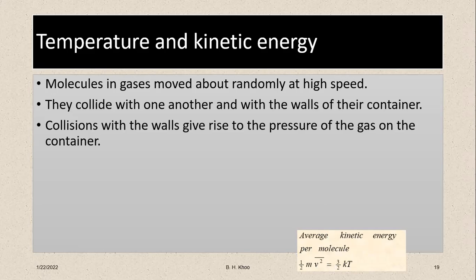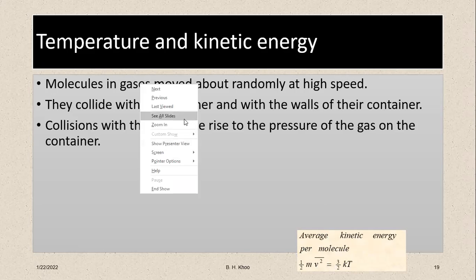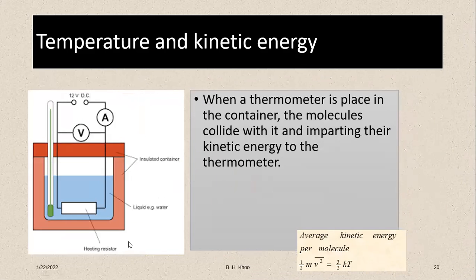Next slide. When a thermometer is placed in a gas, the molecules collide with it, imparting their kinetic energy to the thermometer. That means the temperature of the thermometer increases. When the molecules collide, they give kinetic energy to the bulb of the thermometer. Just to relate to reality: why is the mercury rising in the bulb?